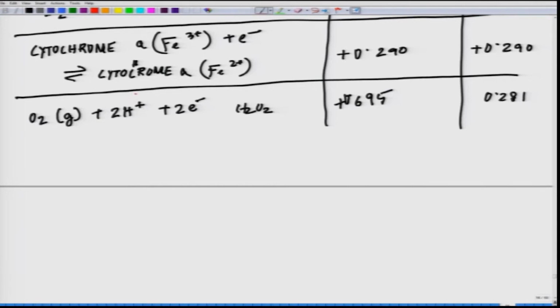Now, here is another example of the difference you could see.